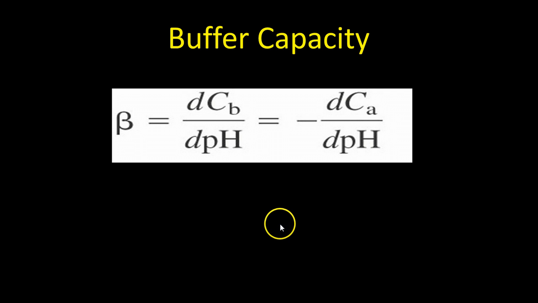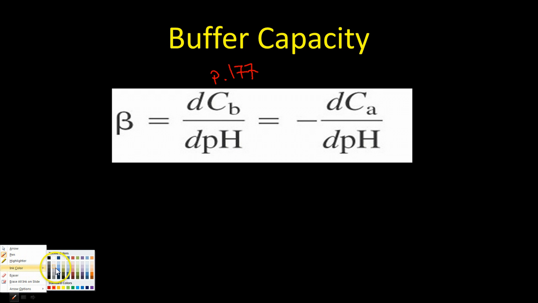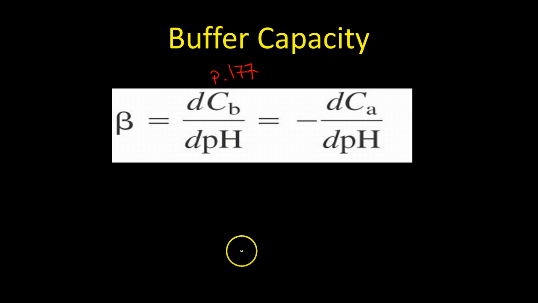So I want to bring up a topic that's from page 177 in your textbook, and it's fairly important. It's dealing with buffer capacity, and buffer capacity is a way of describing how much additional acid or base your buffer can handle without having a major impact on pH. So you see there's two different forms of this.